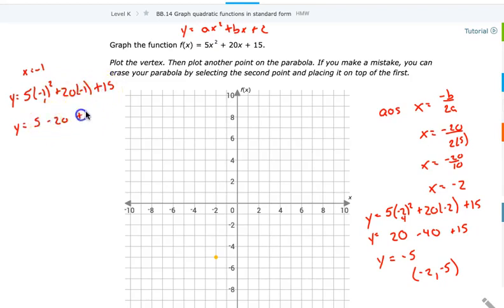And then I would have plus 15. Well, 5 and 15 is 20, and 20 minus 20 is 0, right? So my coordinate here, when I input negative 1, my output was 0. Well, that's going to fit on my graph. There's negative 1, 0 is right here. And when I click it, it makes a perfect parabola.